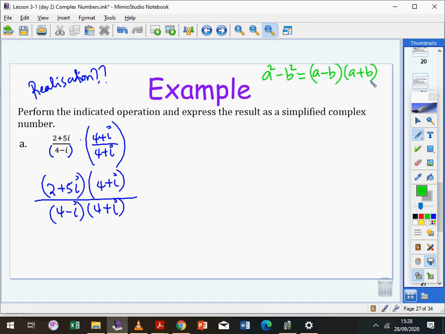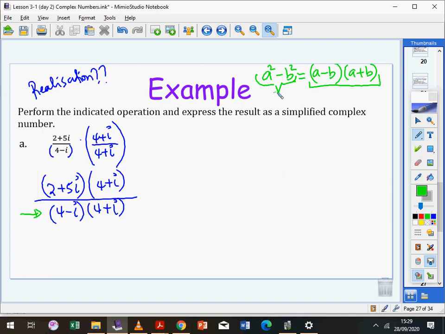So that means that if I see this somewhere, I can summarize it into this, right? Fortunately for me, I see that multiplication of conjugates in the denominator, so I know it's going to be summarized by this difference of squares up here. So let me first work with the numerator.